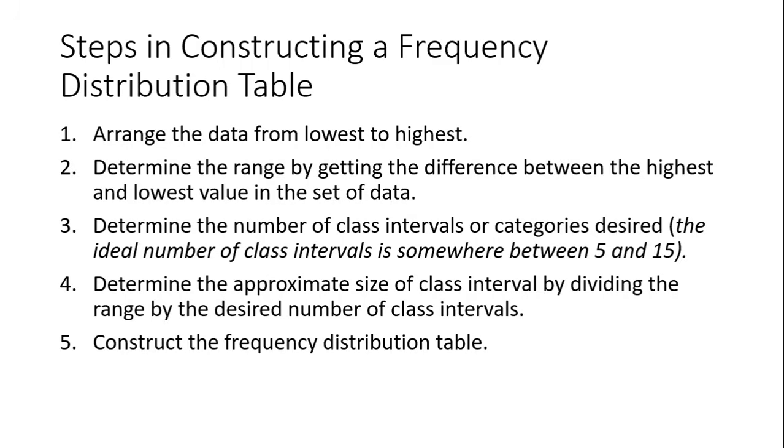You need to arrange your data either from lowest to highest or highest to lowest. But for this discussion, we'll be arranging our data from lowest to highest. I encourage you to follow that format as well so you can easily follow the steps that I'll be presenting a little later.